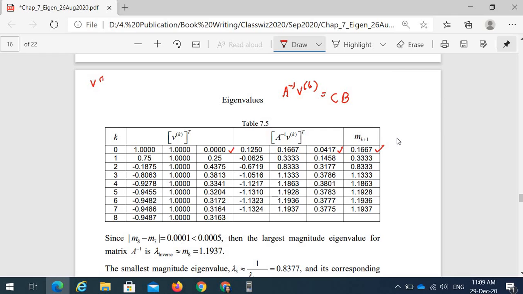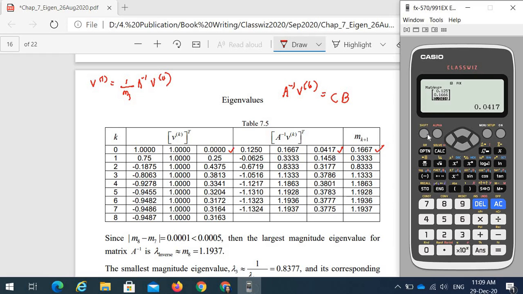Okay, and now your V1. V at step 1 is actually 1 over M1 times A inverse V node. So you take the A inverse V node, which is in the answer, and divide by 0.1667.